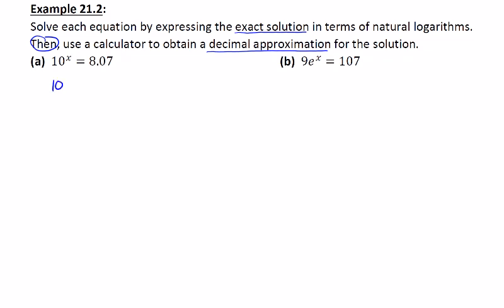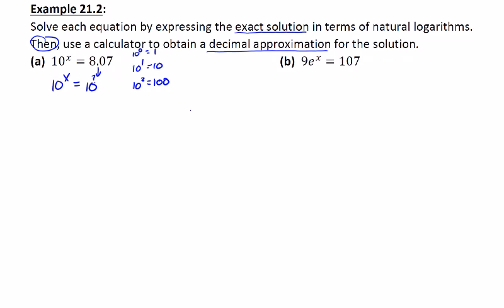If I want to think about taking 8.07 and somehow having 10 raised to something equal that for the one-to-one property to work, I'm going to have a really difficult time doing that with whole numbers. 10 to the first is 10, 10 to the second is going to be 100, and I'm looking to get 8.07. So maybe I should back up and go 10 to the 0, but 10 to the 0 is going to be 1. So that leaves the question, what does the exponent need to be in order to be able to get an answer of 8.07?